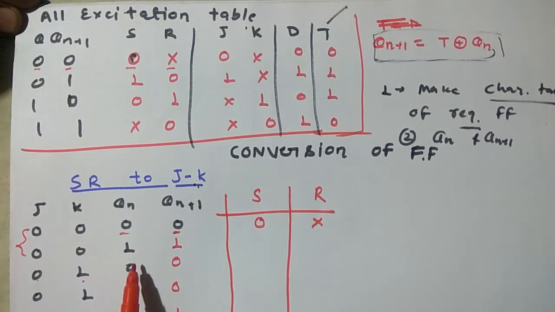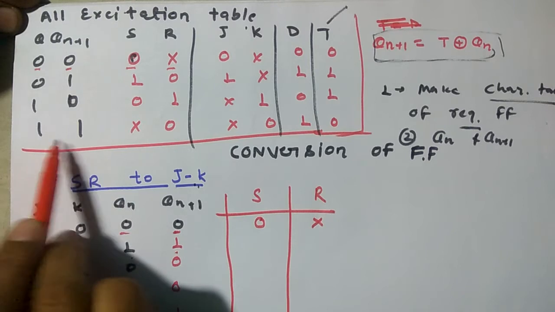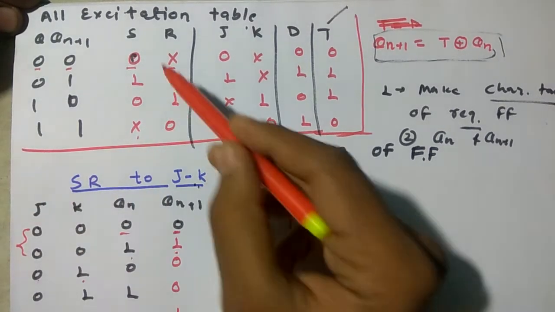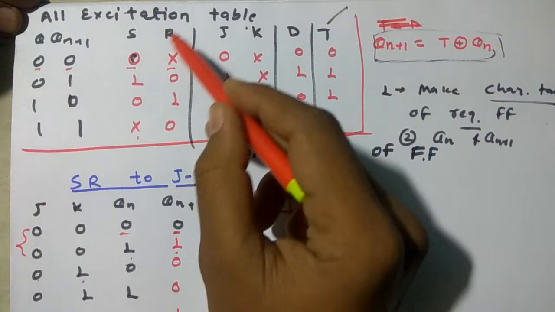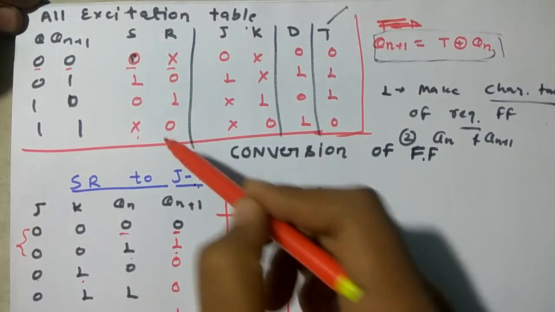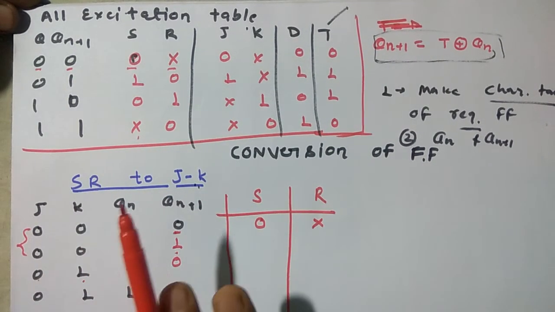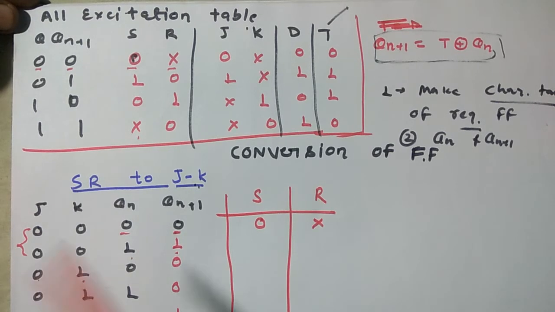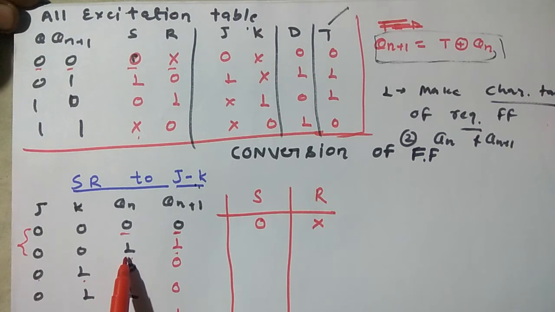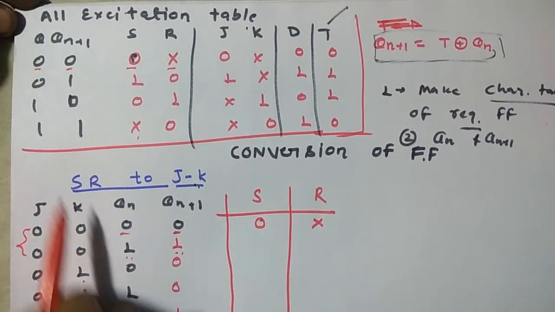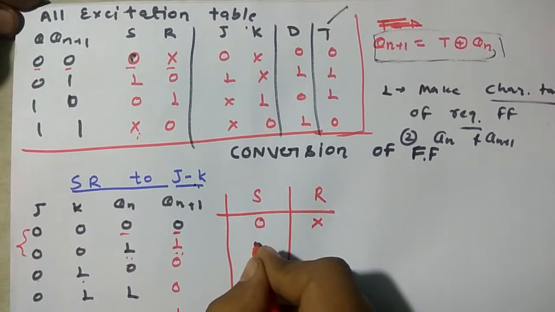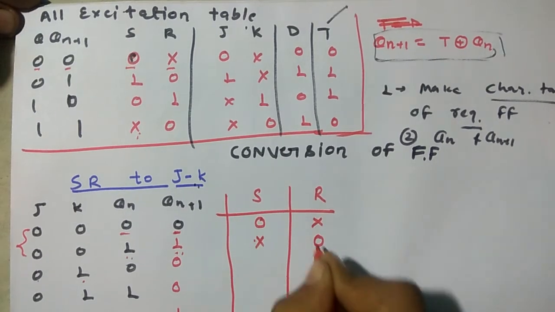If Qn is 1 and Qn plus 1 is 1, then it will be cross and 0. I already showed how this comes from the characteristic table. If you want to see, go to the SR flip-flop video and watch that video.